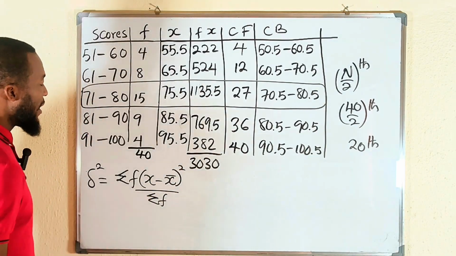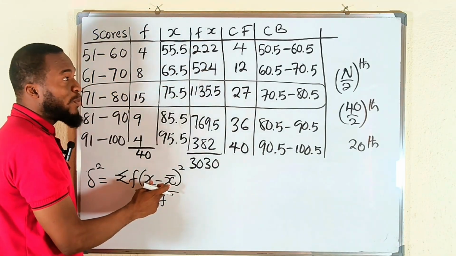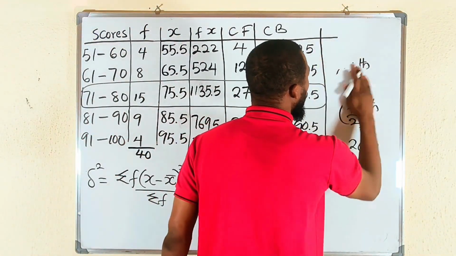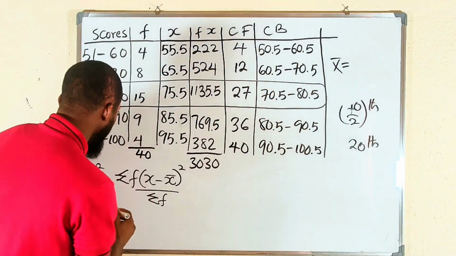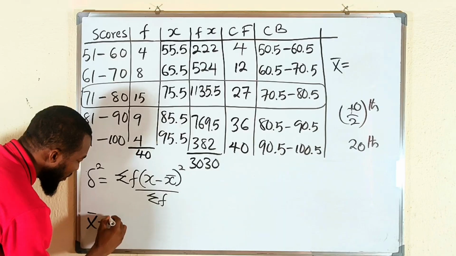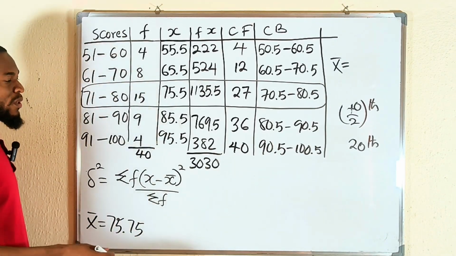Yes, this is the formula. We have x, these are the x's. We have x bar, and x bar, if you could recall, it is equal to what? Let me write it down here. It is equal to 75.75. Yeah, this is what we got.